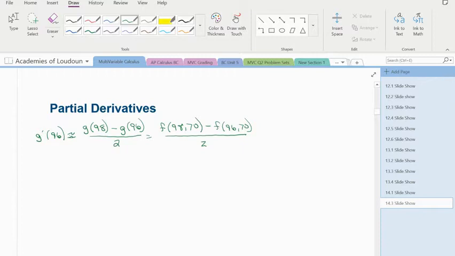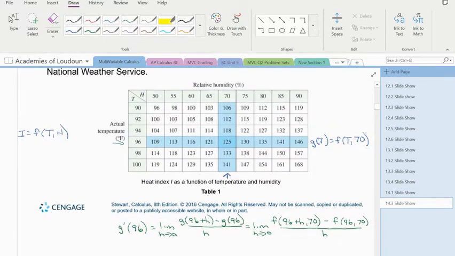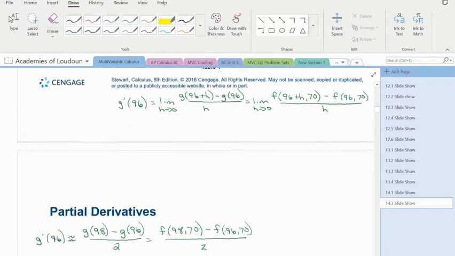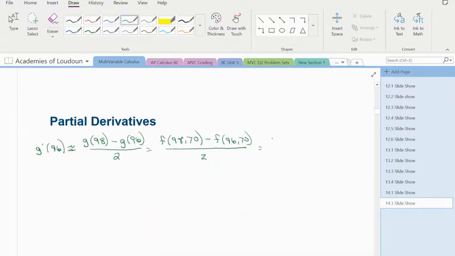Pulling these values from the table, we have 98 and 70 is going to be 133, and 96, 70 is going to be 125. So this is equal to 133 minus 125 over 2, which is equal to 4.